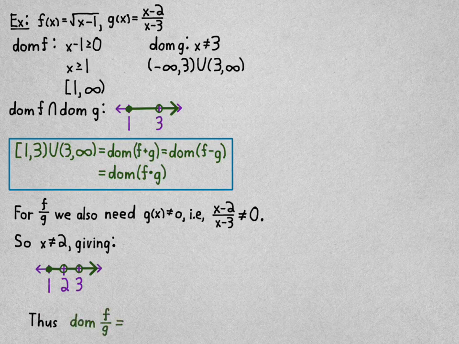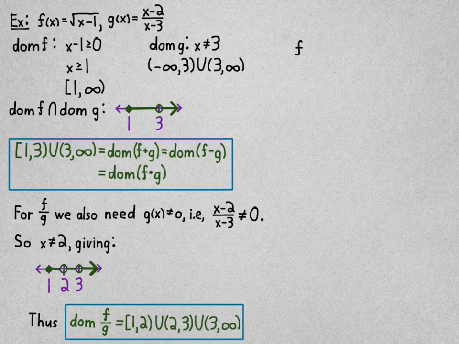So my domain of f over g is going to be open square bracket 1 comma 2 close paren union open paren 2 comma 3 close paren union open paren 3 comma infinity close paren. It takes a while to say all that. Okay, so that's what it's going to be. And now I'm just writing out what the different functions are going to be.